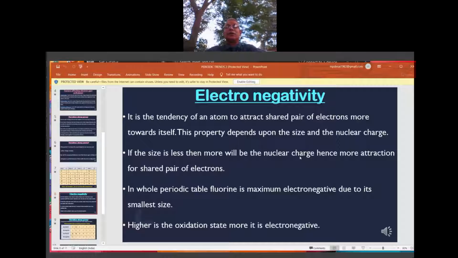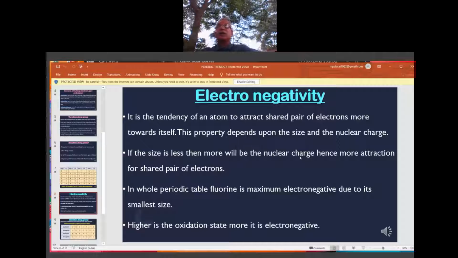That means the shared pair of electrons, the electrons between H and Cl which are responsible for bond formation, lie near chlorine, because chlorine is more electronegative. So electronegativity is the ability, or the tendency, of an atom to withdraw a shared pair of electrons.